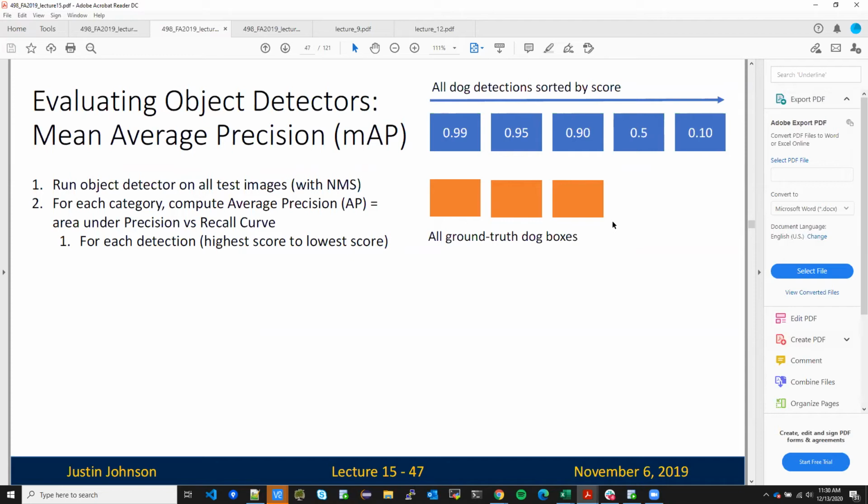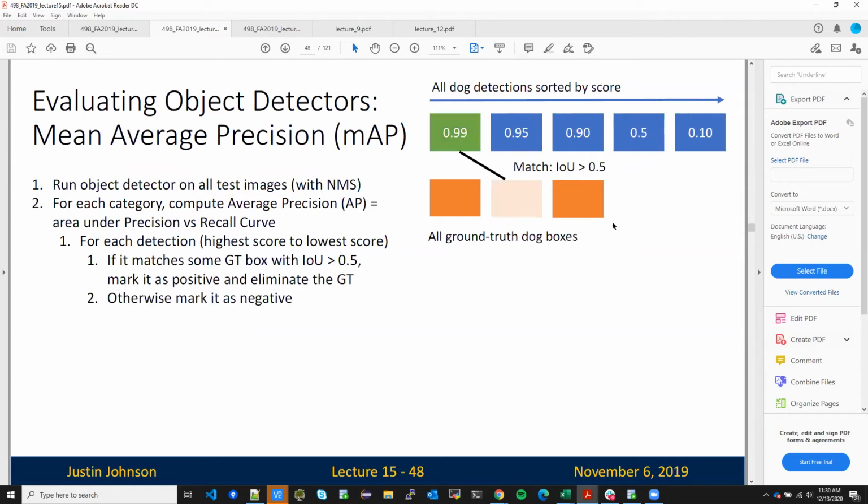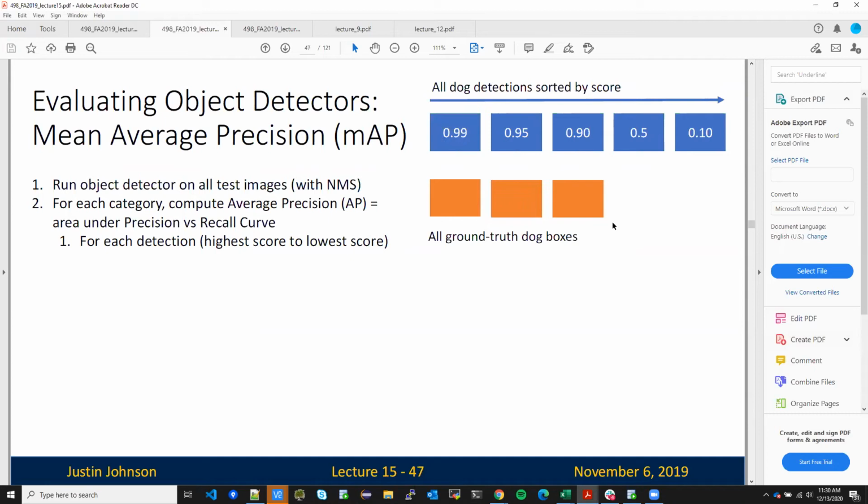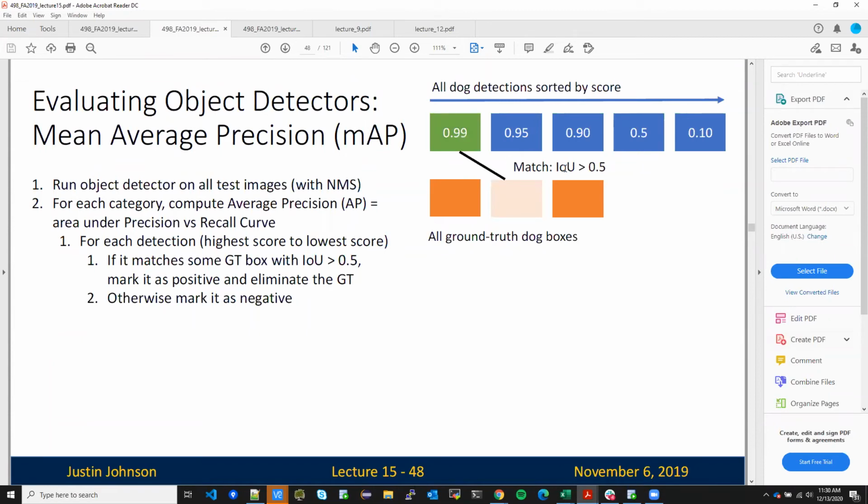Whichever is the highest detection, you try to match. Let's take an IOU of 0.5, and you find which ground truth matches that particular detection. In this case, let's say 0.99 matches with 1. Then this ground truth is taken.